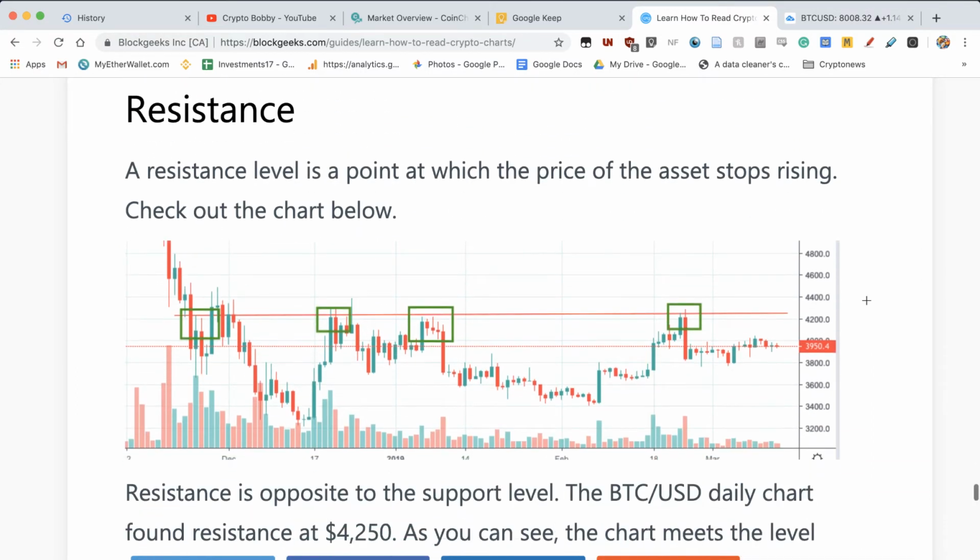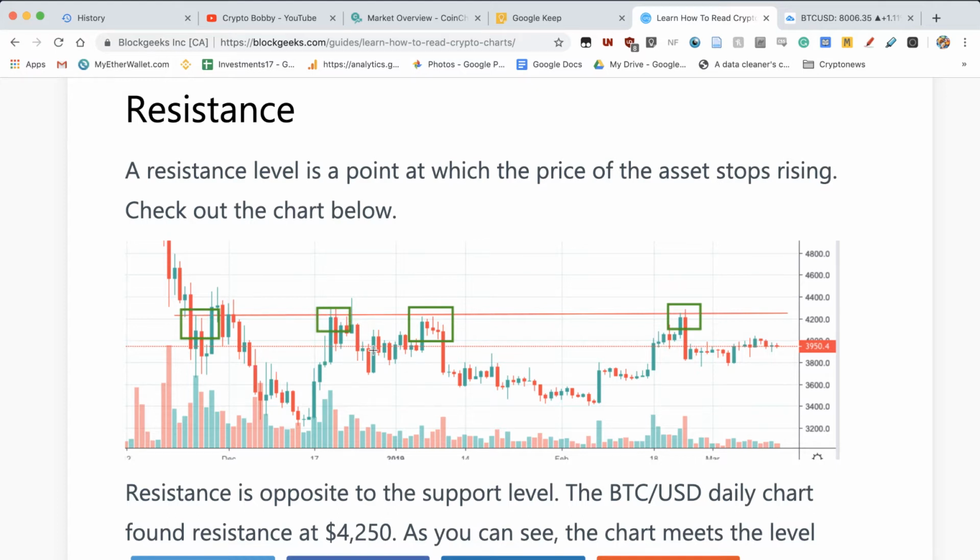Now resistance is mainly the same thing, just the opposite way, as I mentioned before. With resistance, the price is rising and then just can't get past a certain point, and that is the resistance level. In this case, it's the $4,300 range. The price goes back down, tries to go back up again, and fails to break past this resistance, as the sellers, the bears, are very strong.